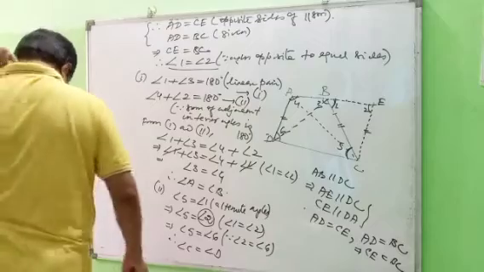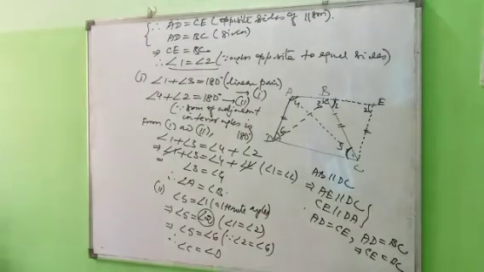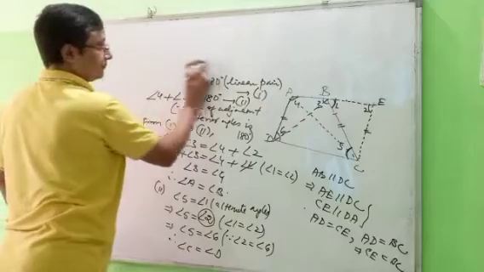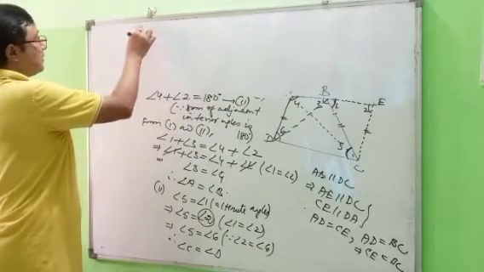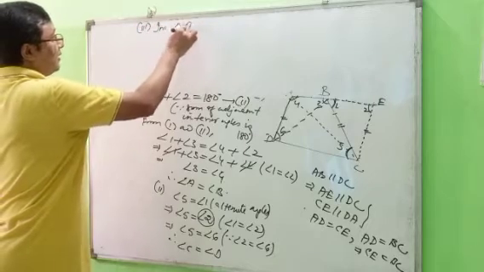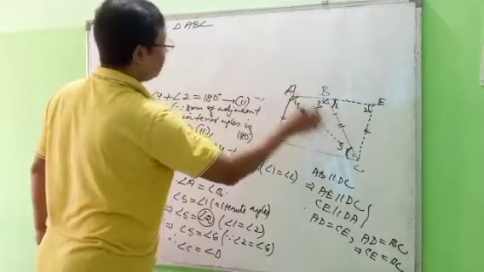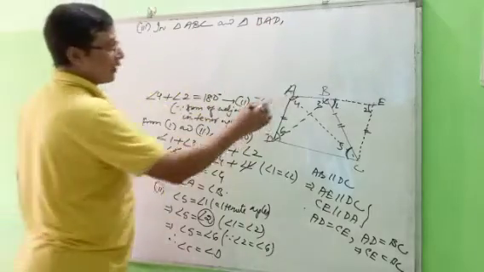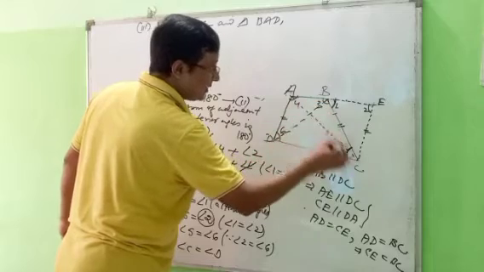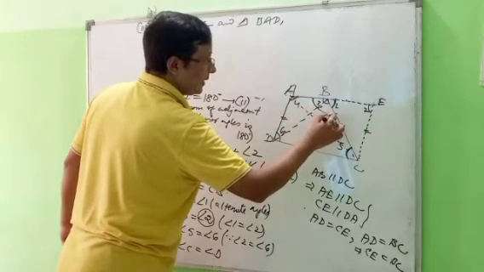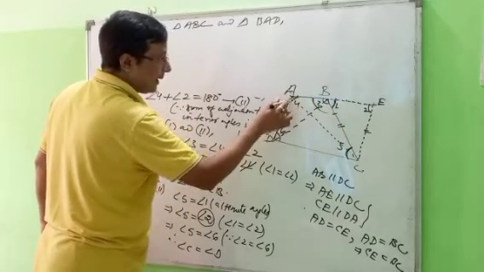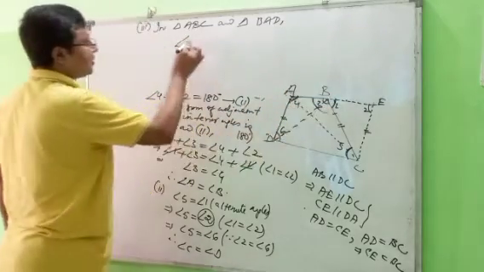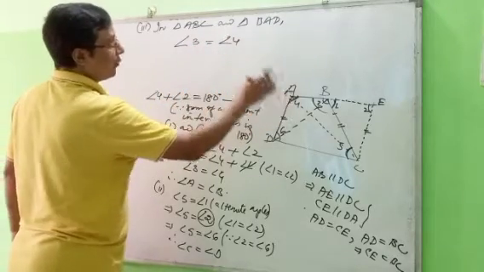Now, in triangle ABC and triangle BAD, in these two triangles, in triangle ABC you got angle B, that is angle 3, and in triangle BAD you got angle 4. So angle 3 is equal to angle 4.